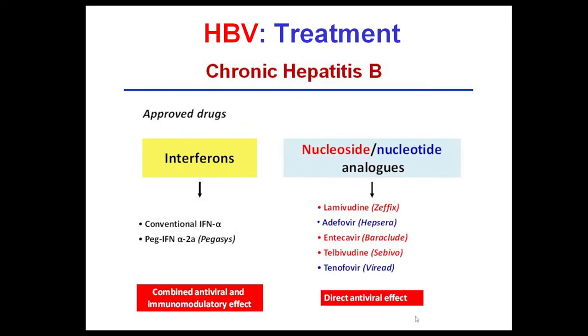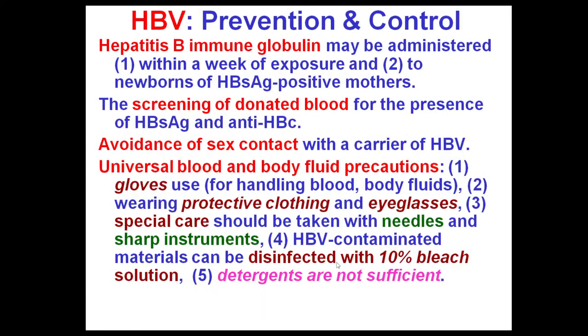Then the second group of drugs are nucleoside or nucleotide analogs. These are the drugs that have a direct antiviral effect, but unfortunately the hepatitis virus may produce resistance very quickly against these nucleoside analogs.